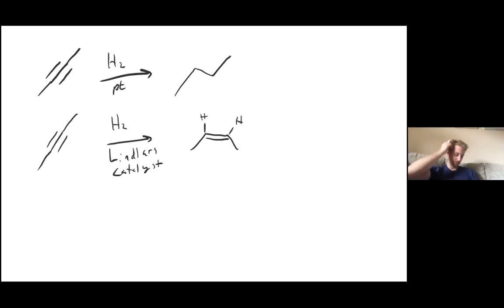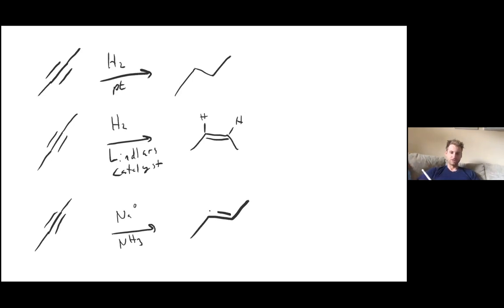And then if we add in ammonia and sodium 0, this is going to give us a trans configuration here. So all three different possibilities give us pretty much full control over what we want to see from this molecule.